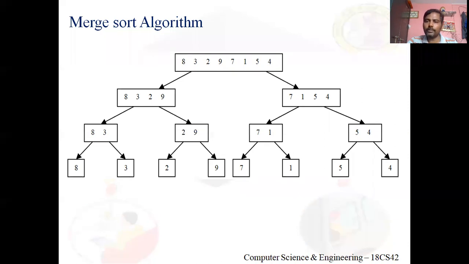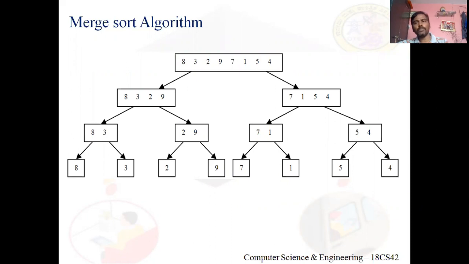The index of 4 is 7. So low is 4, I is 7. So mid is 7 plus 4, 11, by 2, that is 5. 11 by 2 is 5. So this gets divided into two subproblems with 2 elements each. The first has elements at indices 4 to 5, whereas the second consists of two elements at indices 6 to 7.